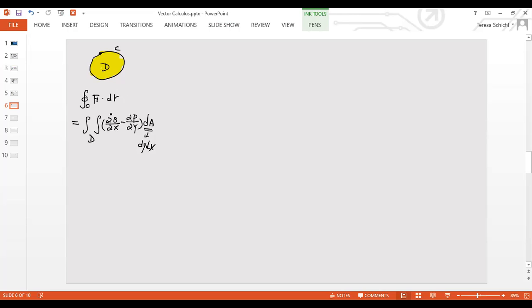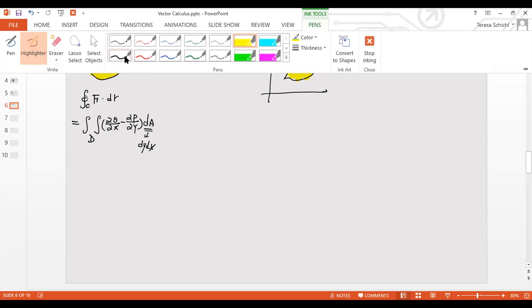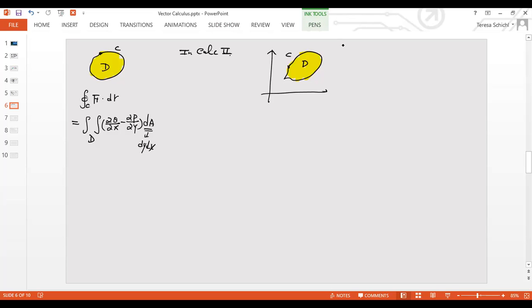Now we are going to continue from this thinking. Like in Calc 2, if you have a closed area, for example this curve C with this area D inside, how do I find this area?